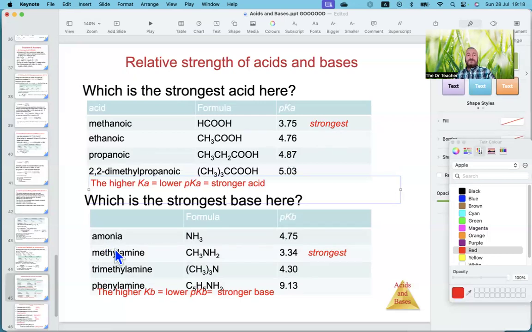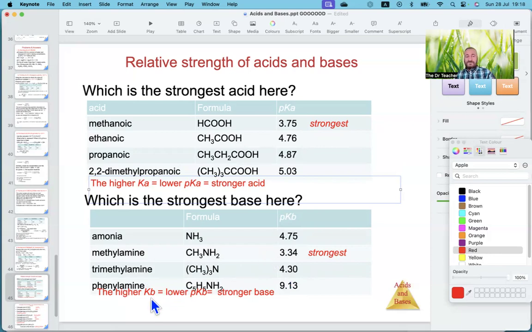Here, the ammonia, you have methylamine, trimethylamine, phenylamine. Every one of them 4.7, 3.3, 4. So which one is the strongest? Sorry, this is the pKb, so the strongest is this one, 3.3.